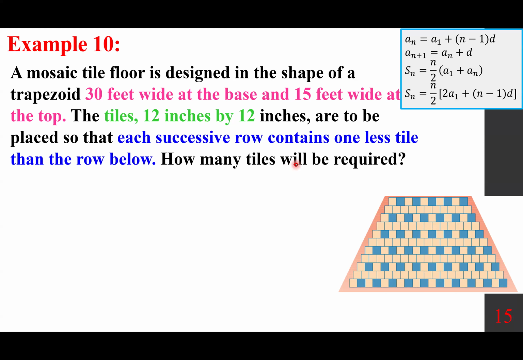So let's see what we have. 15 feet, 30 feet, so 15 at top, 30 at the bottom. We have 15 tiles up here because each tile is 12 inch by 12 inch, or 1 foot by 1 foot. That's why.